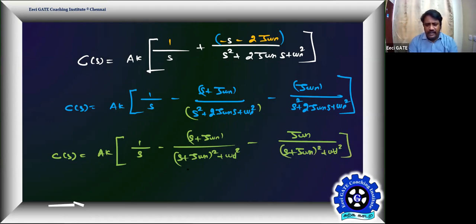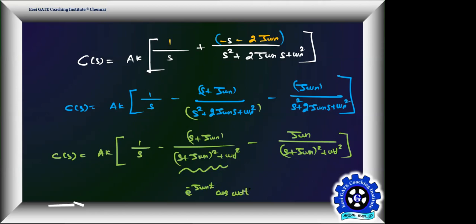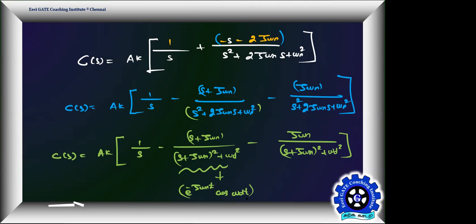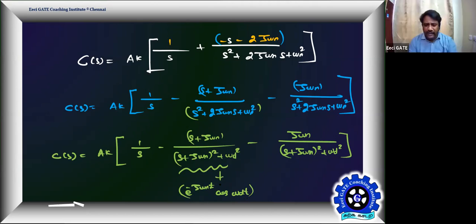Now you know this is ready for Laplace inverse. If you apply Laplace inverse, it will give e power minus zeta omega n t into cos omega d t. Getting everyone? Yes. So this is going to be in the cos form. So it's ready for Laplace inverse.